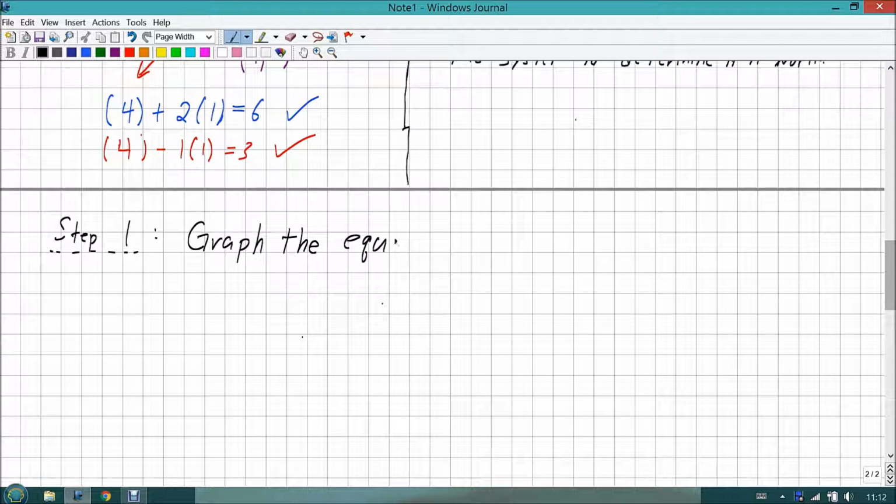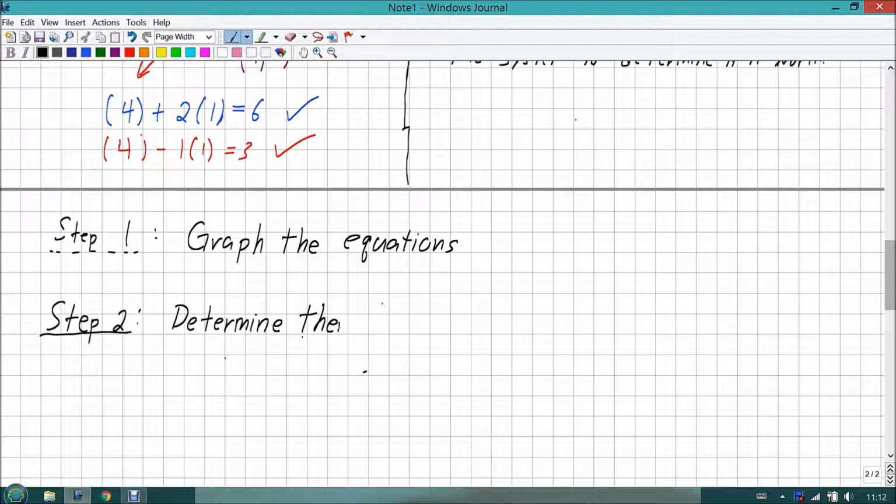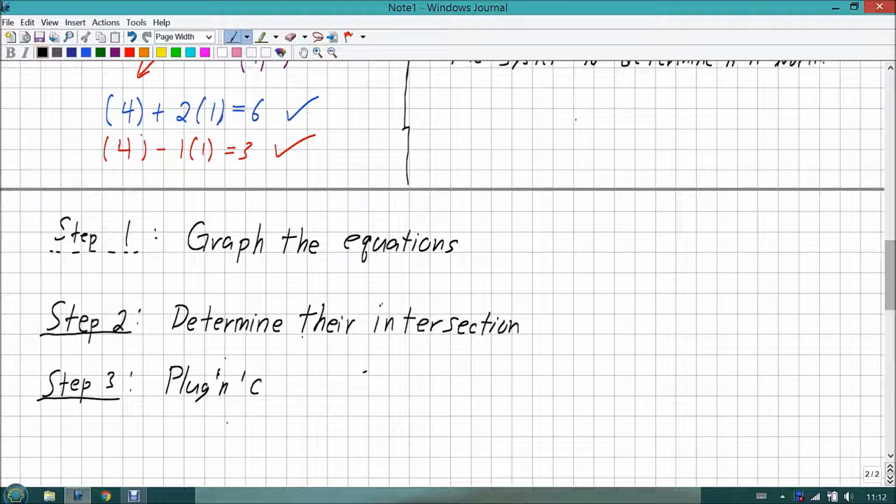Step 2, determine their intersection. And then we have step 3, the final step, the most important step, plug and chug to check.